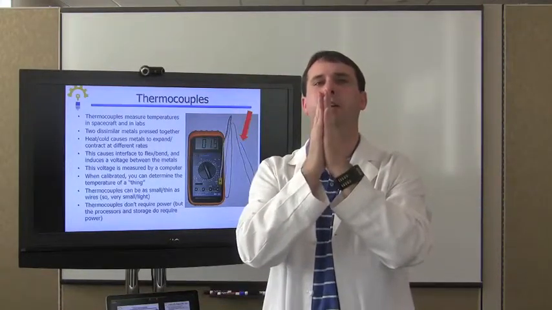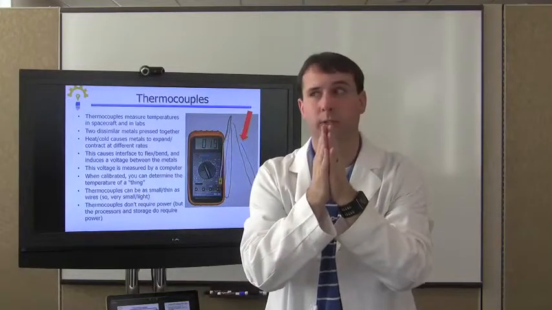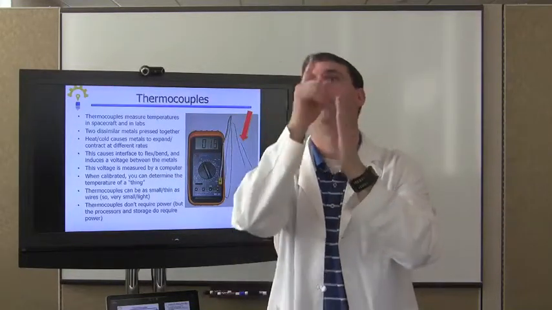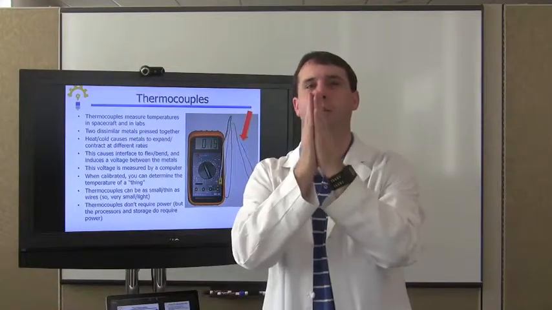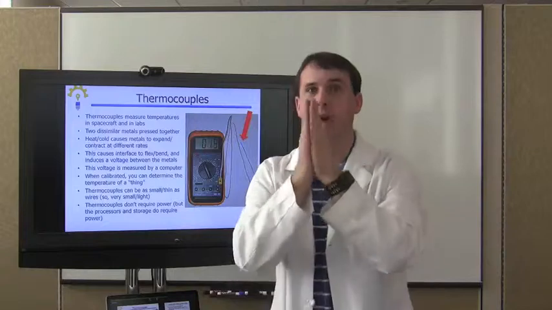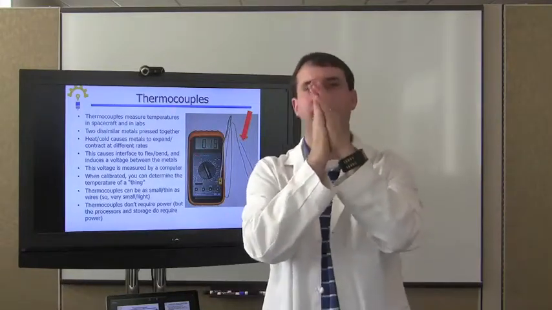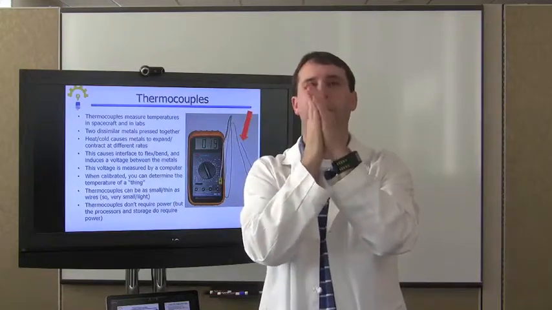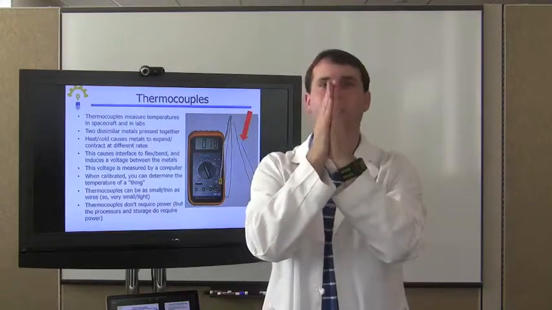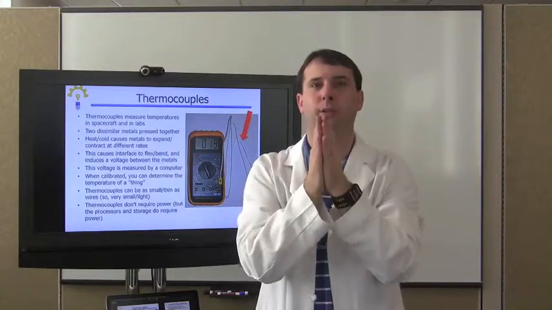They're just slapped together. So what happens when a metal is heated or cooled? Anyone? Yes, that's right. There's no one here, I'm just making it up. What happens is they expand or contract, right? Two metals that are different expand or contract at different rates, so they bend against each other, and that interface where they bend against each other induces a voltage in the wire.